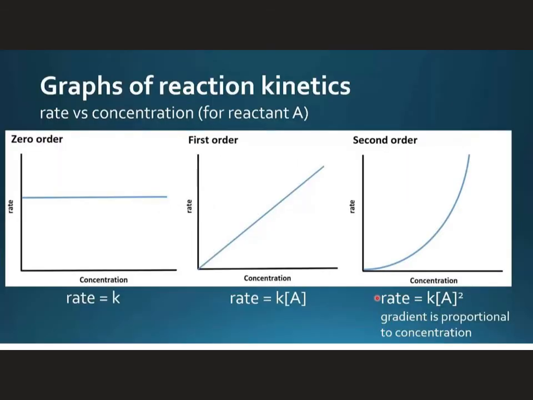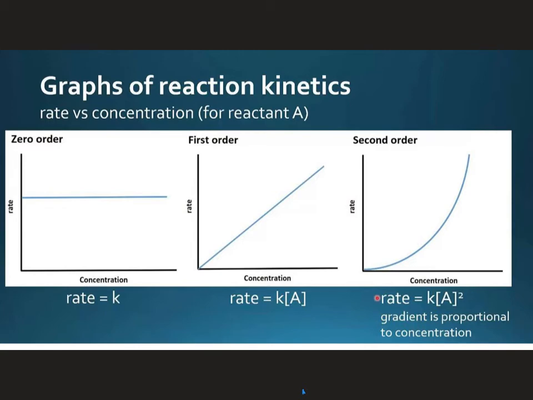So here's another chance to look at graphs of rate versus concentration. All right. Zero order, the rate does not change as concentration changes. First order, the rate is directly proportional to the concentration.